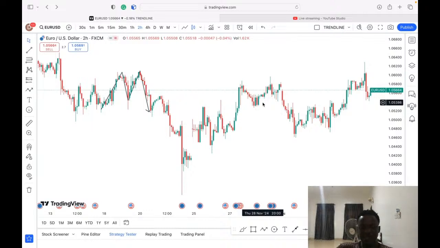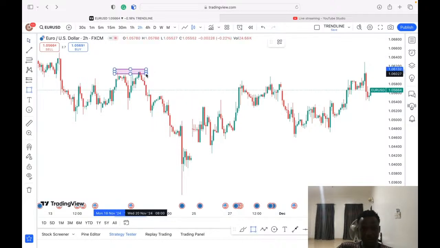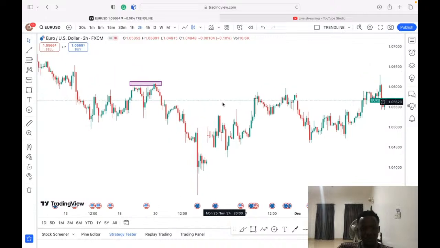So once you find a double top, what are you going to do? First, I'll put my rectangle here to signify that. Next, I'm going to drag this rectangle to the left to see if it corresponds to any previous resistance.